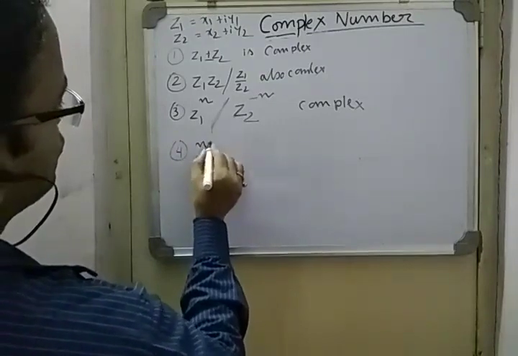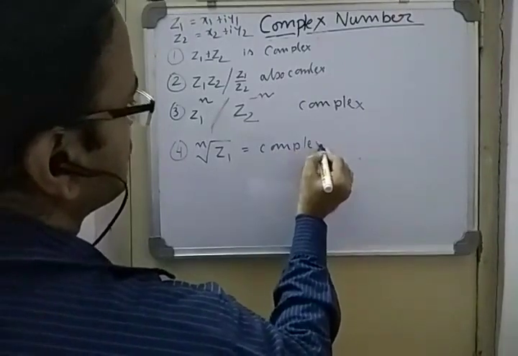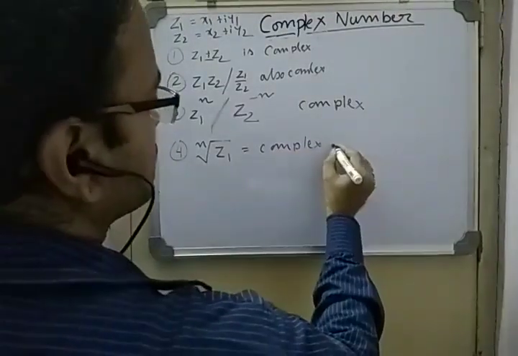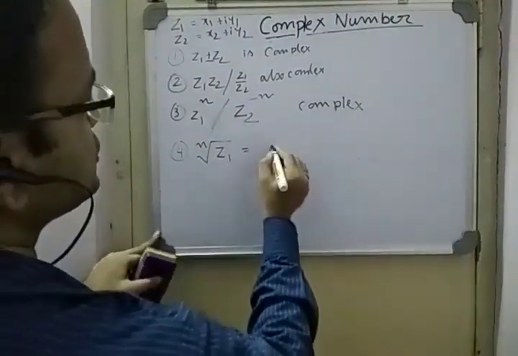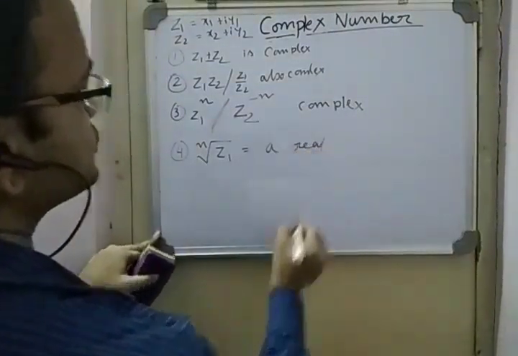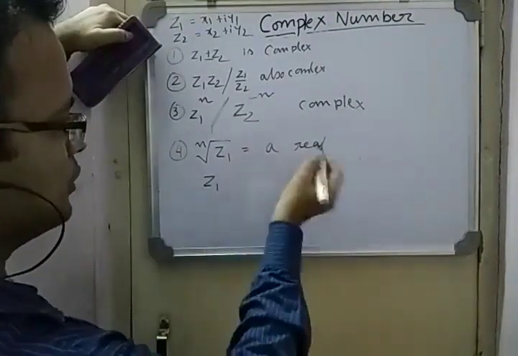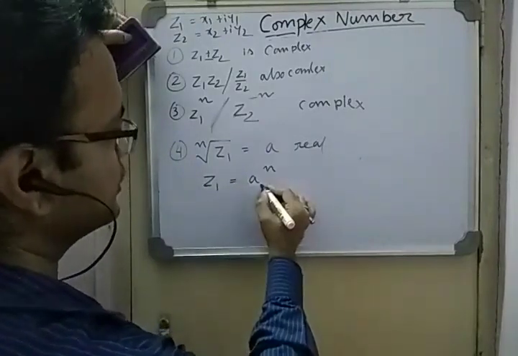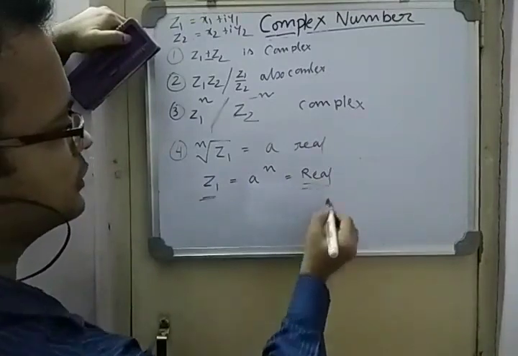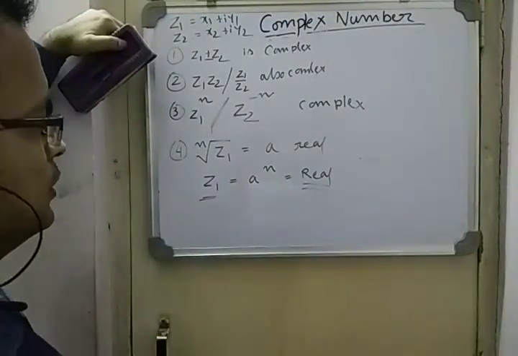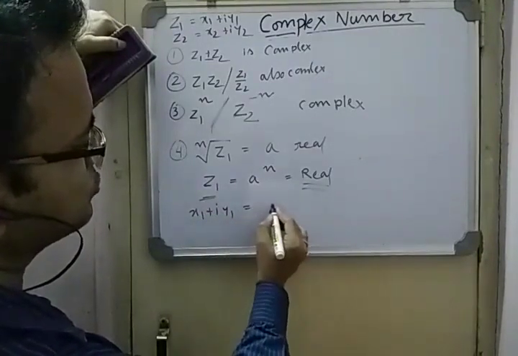Then the nth root of Z1 is what? This is also complex. Suppose you want to prove this, it is simple. Suppose that this is real, say a. Now take the power n on both sides. A is real, so a to the power n is also real. This side is complex, that side is real, which is not possible. If that side is real, so Z1 is x1 plus i y1 equal to a real number.